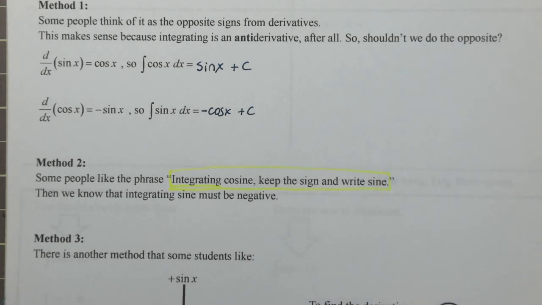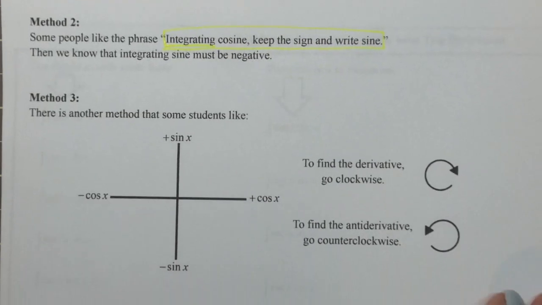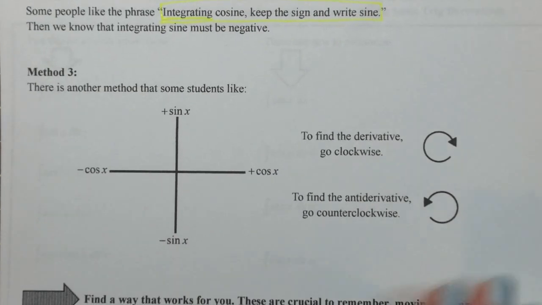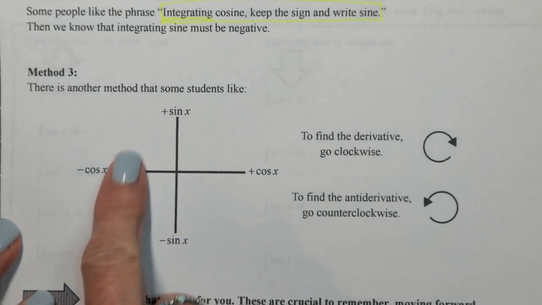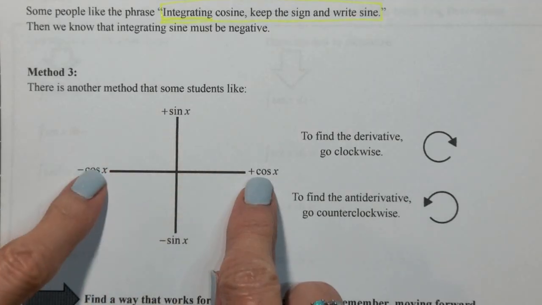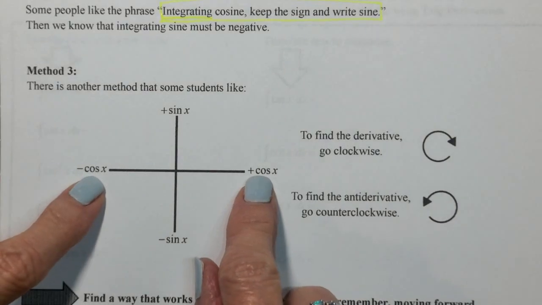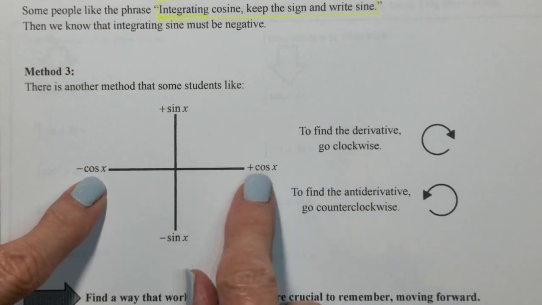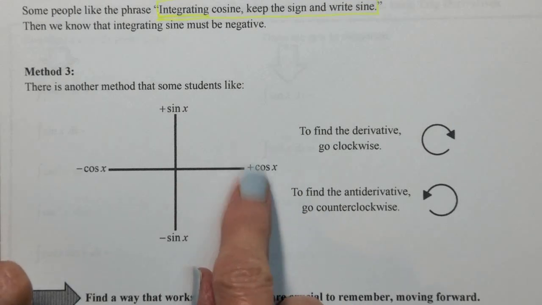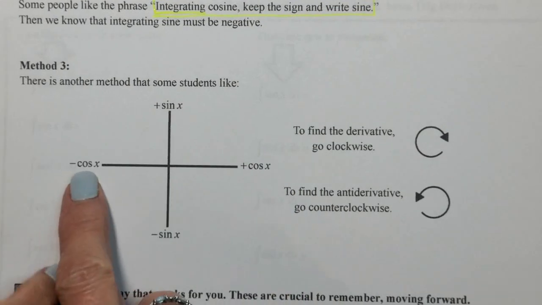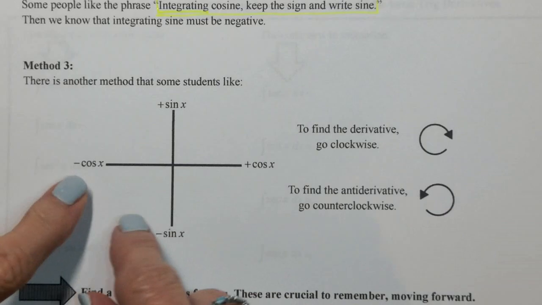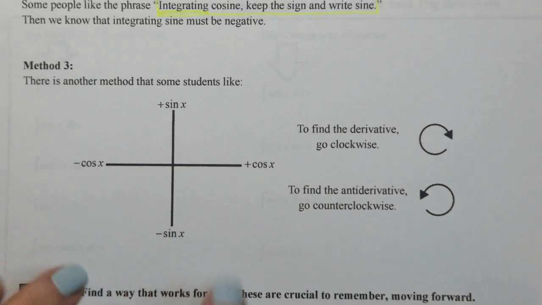All right? Another method that some students like. This method works well if you remember this setup. Cosine is always on the x-axis because cosine is related to the x-axis, right? Put the positive on the positive x-axis, put the negative on the negative side.